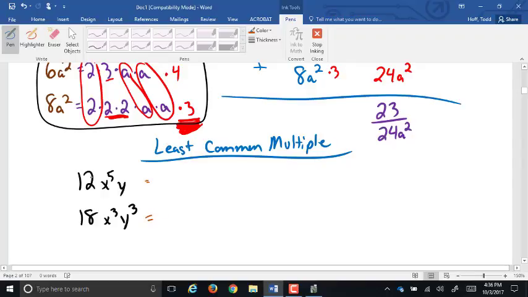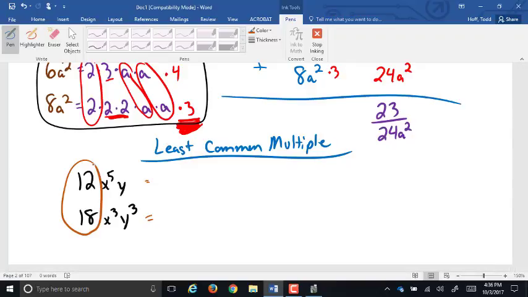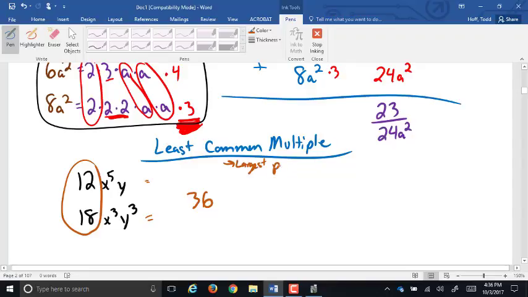We could take the LCM of the numbers 12 and 18. What is the smallest number that both 12 and 18 go into? 36. And we take the largest power of each variable. So for x, it's going to be what? X to the 5th. For y, it's going to be y to the 3rd. Very good.